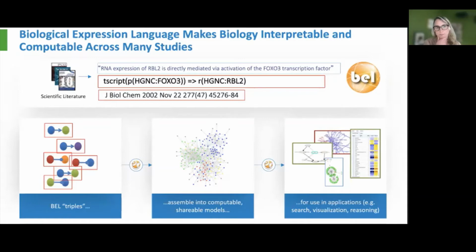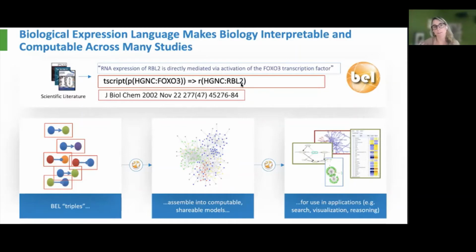An example of that is shown here, where you may read a paper and there would be a statement in that paper like RNA expression of RBL2 is directly mediated by the activation of the FOXO3 transcription factor. And right here is this statement written in the language of BEL.